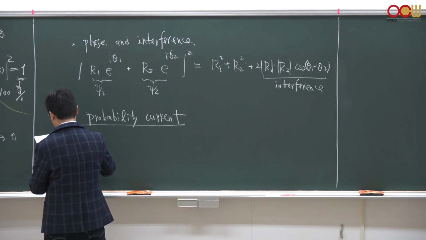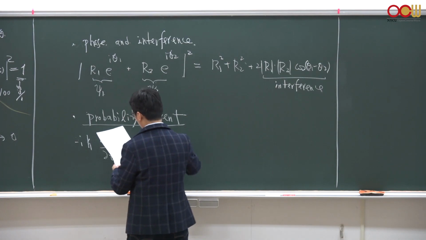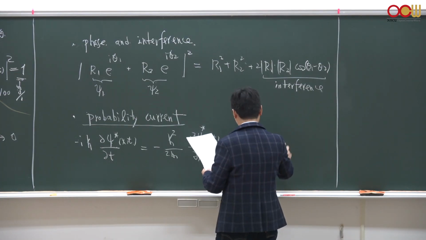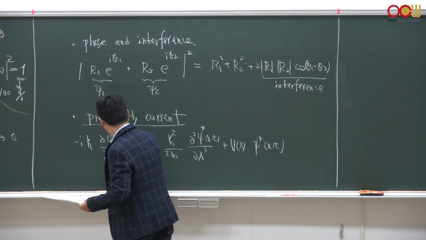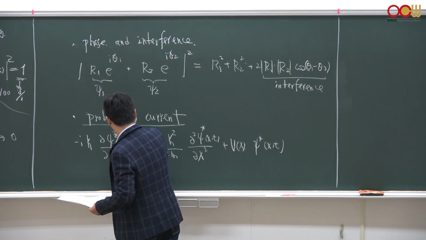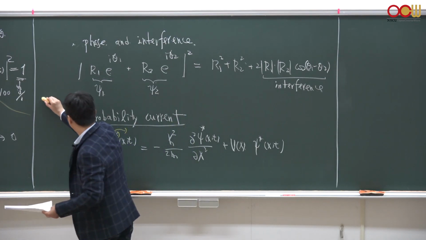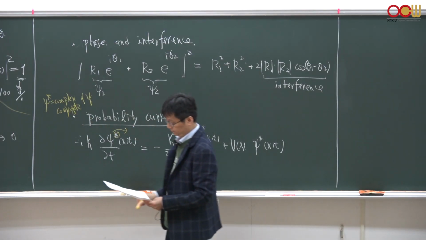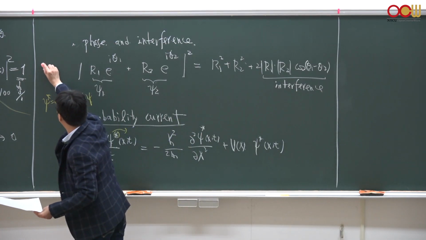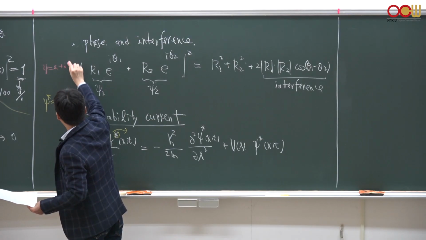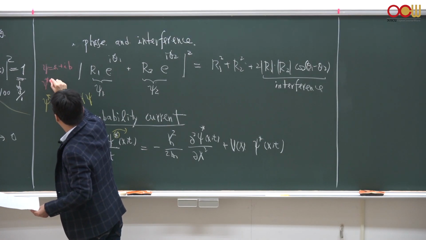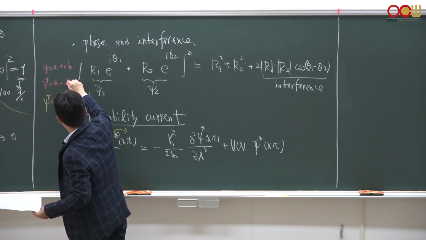Suppose this is the Schrödinger equation. I put the stars here to refer to the complex conjugate of psi, which means that if psi is A plus iB, then psi star will be A minus iB.